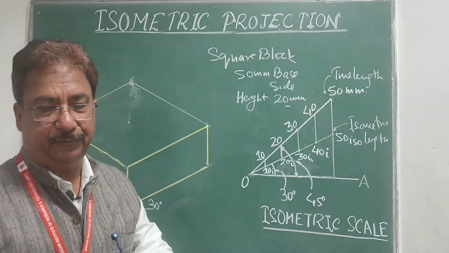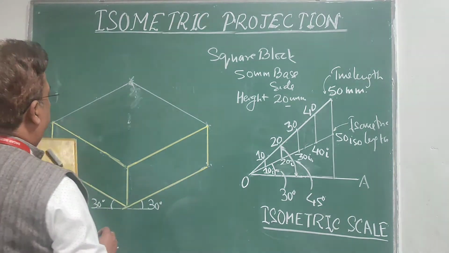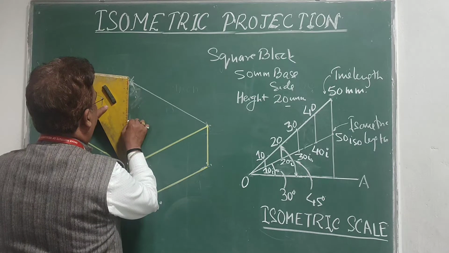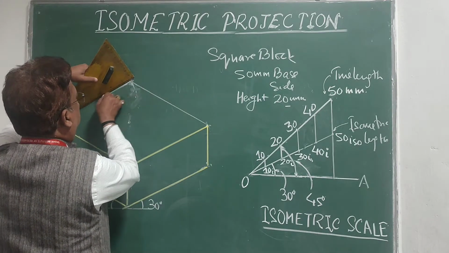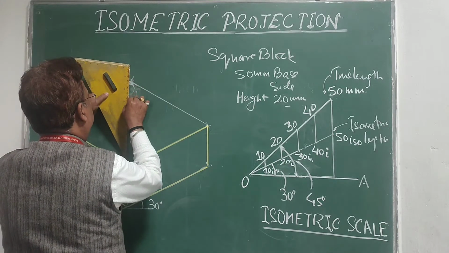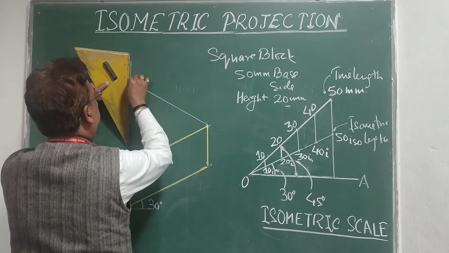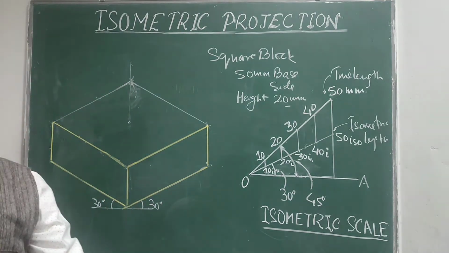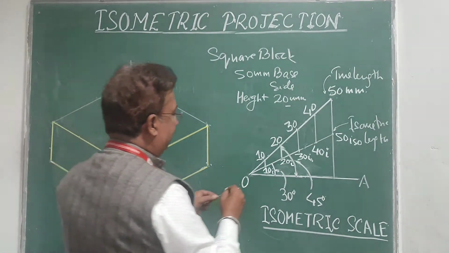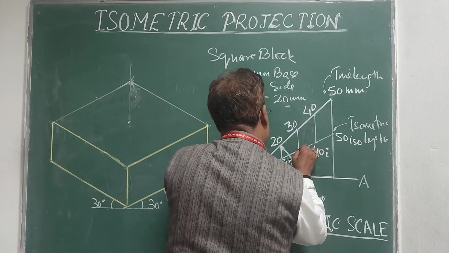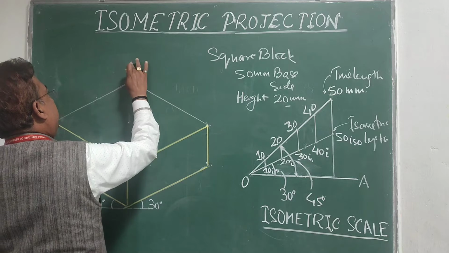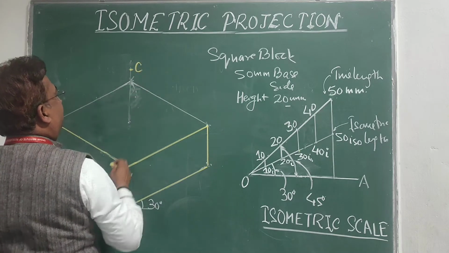To draw the sphere, from this point, which is the center, I will draw a line perpendicular to this, and above this I am going to mark the center of the sphere. The center of the sphere will be at ISO 30 height, not true height. So I have marked this point, that will be the center of my sphere.